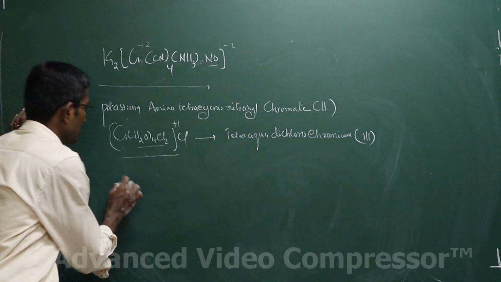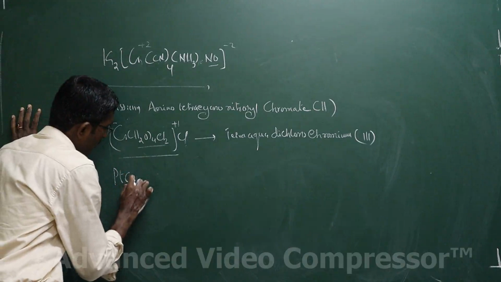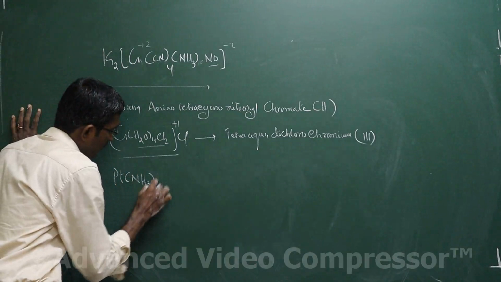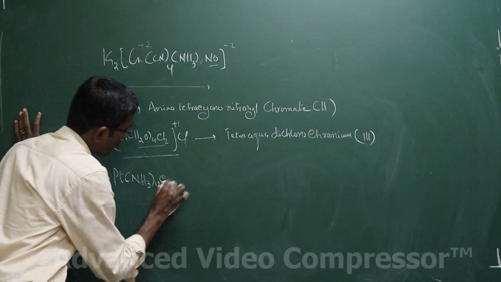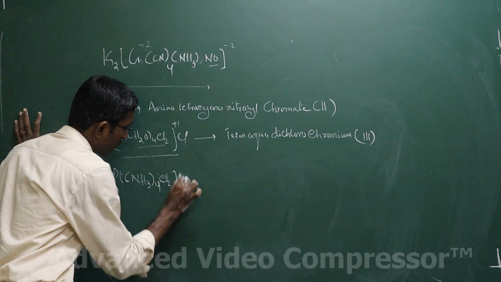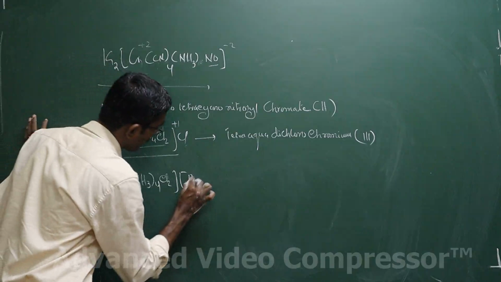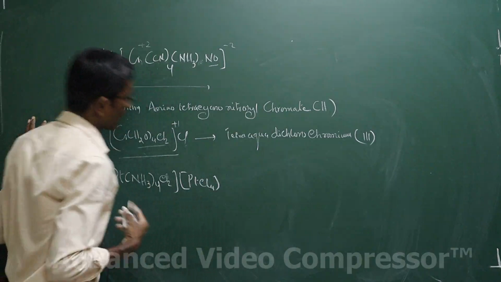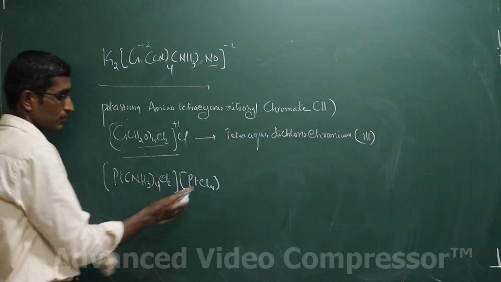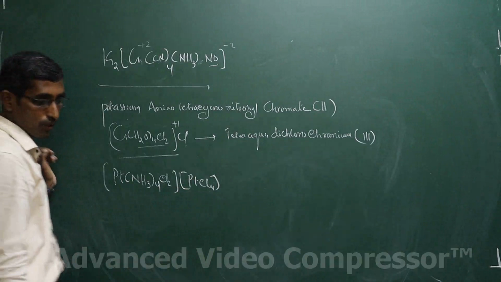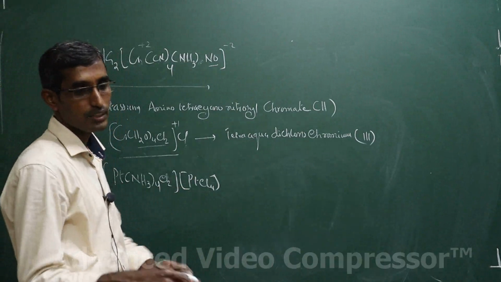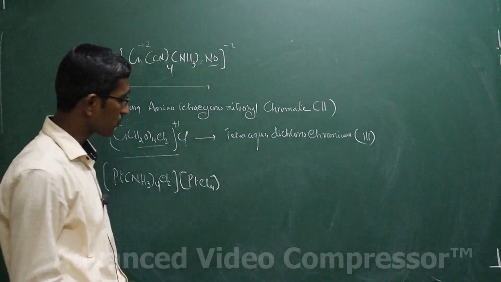Last example we will take, students, a little complicated one. Platinum. This portion, Cl2, right. It's a complex. Together we are writing PtCl4. See, we will study these kinds of complexes in what is called coordination isomerism. In the isomerism we will go through this complex.